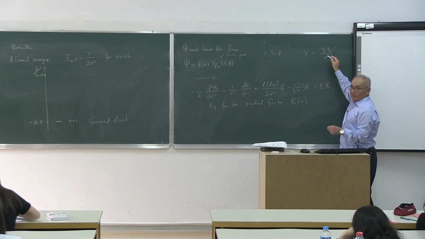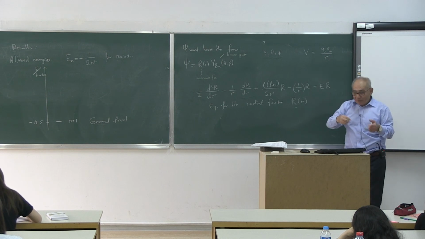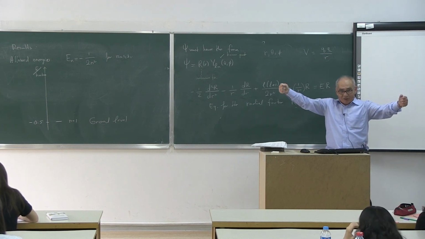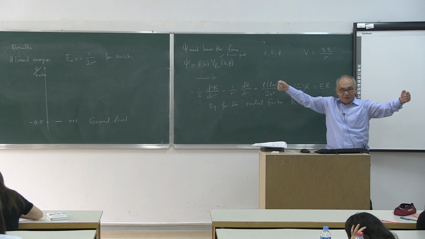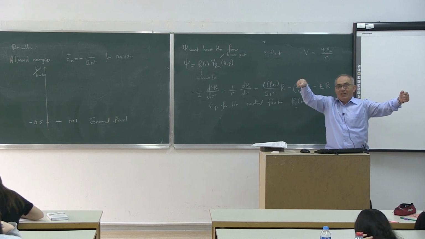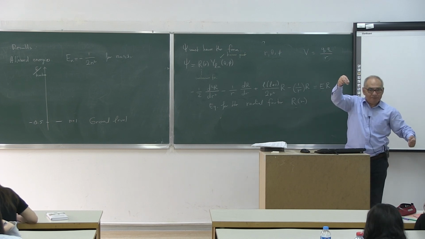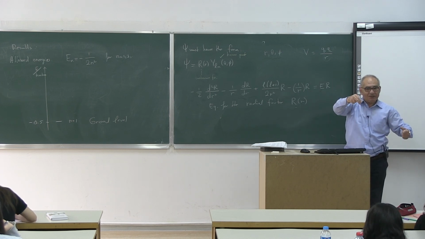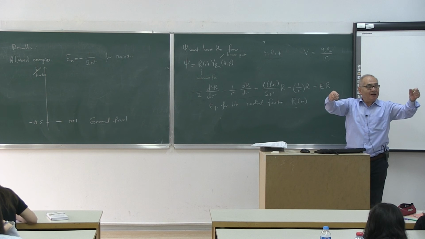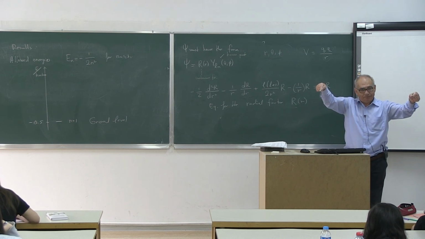Infinite. Which means when the two charges are infinitely far away from each other, we say potential energy is 0. This is convention, all right? This is just fixing the conditions under which V will have 0 value.